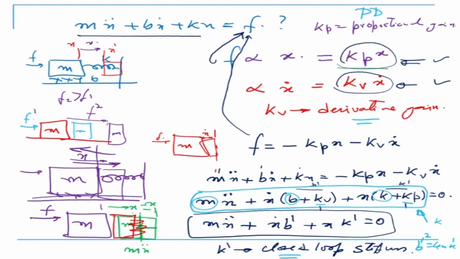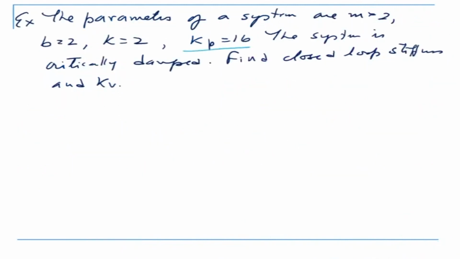So there is nothing like an exact value of kp and kv, because you have only one equation with two unknowns. So you can assume one of the unknowns. In this particular case, we are given that kp is 16 and the system is critically damped. So we have two conditions. Now I can solve.